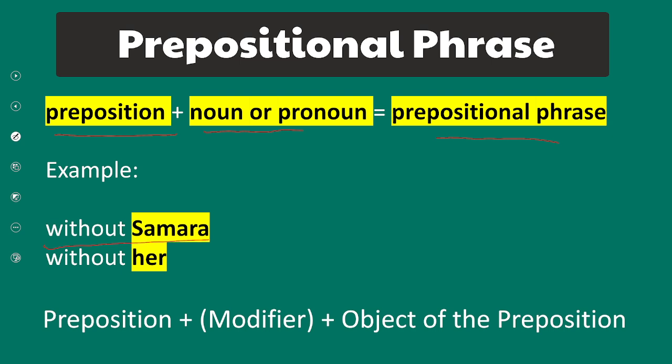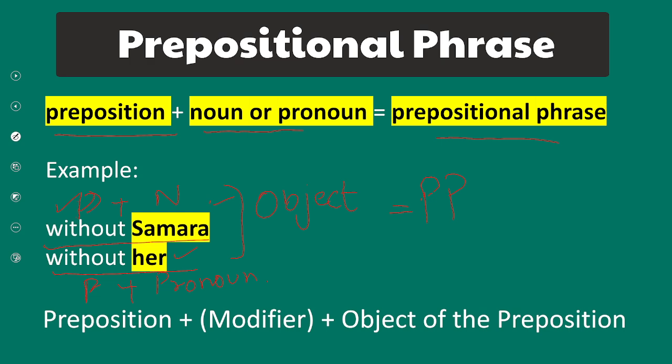Without Samara or without her. So here is your preposition, this is your noun, and this is your pronoun. So you can work with both. Without is our preposition, and Samara or her, these are our object of the preposition. And this makes a prepositional phrase.